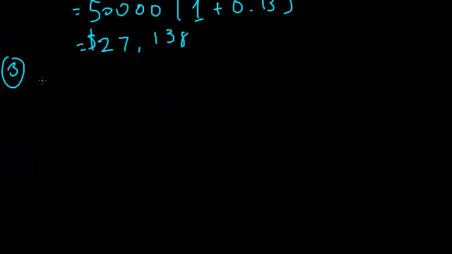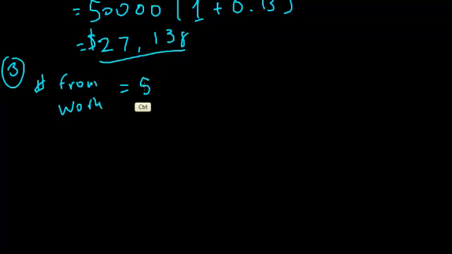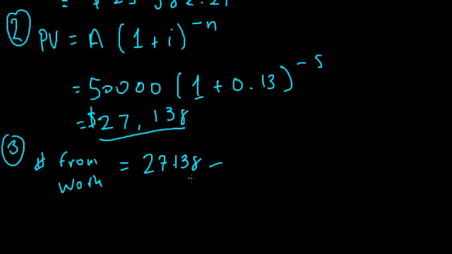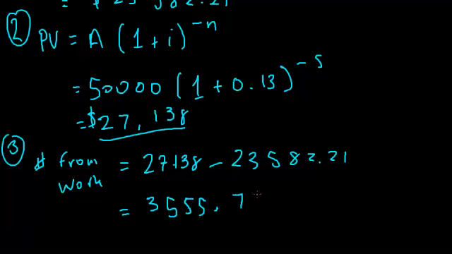So the money from work he should invest is equal to the total amount you need for 50,000, which is 27,138, minus the money he earned from his previous investment, which is 23,582.21, and this is equal to 3,555.79.